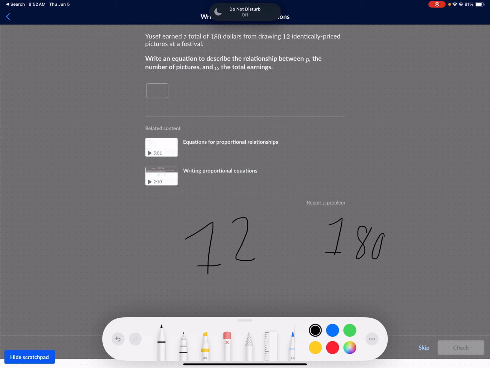So, assuming that we plug in 12 for P and 180 for E, we want to find what would be bigger. So that means we're doing the relationship P for pictures, and then $180. Since we're finding E, we want to calculate a fraction, since 12 is less than 180.